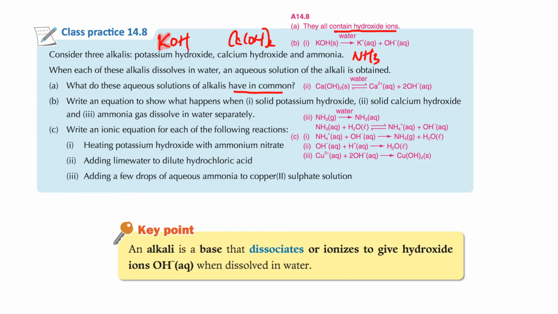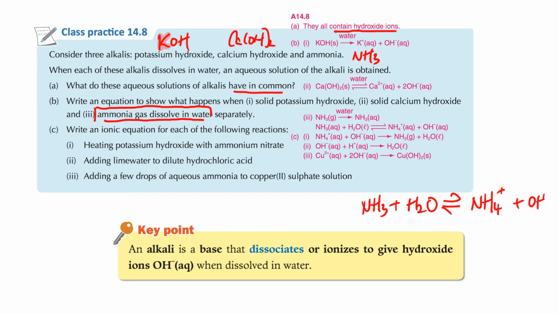And write an ionic equation to show what happened when solid KOH, solid calcium hydroxide, and also ammonia gas dissolve in water. So just now the equation is very important, is this one. When we put NH3 into water, remember this is a reversible reaction because this is a weak alkaline, so they will form NH4 plus and OH minus.